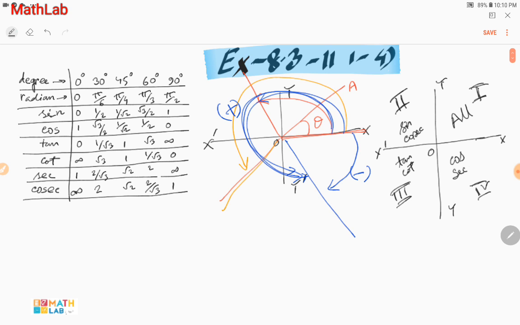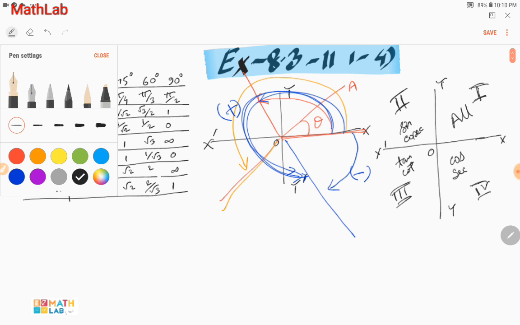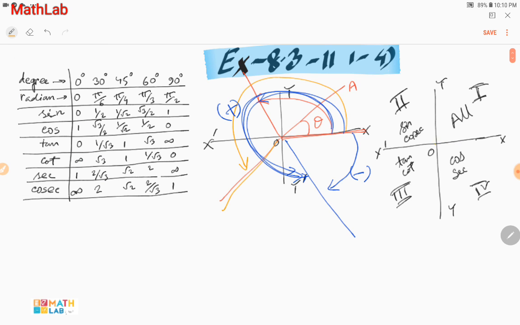Let there be a line in this quadrant, that means your angle is this. So for this line, sine and cosec are positive. Let the line OZ make angle alpha with the positive x-axis.